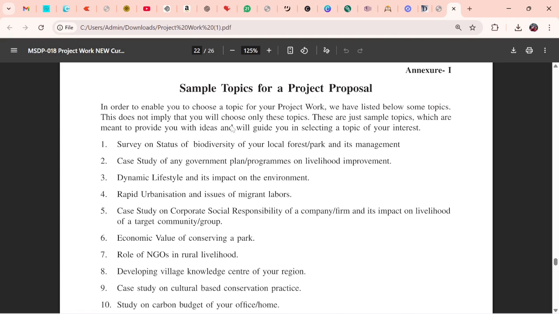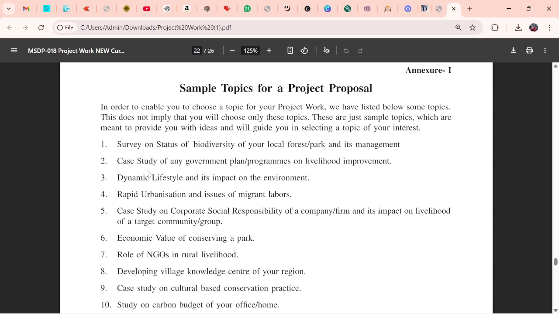The first topic in the sample topics is a survey on the status of biodiversity of your local forest park and its management. So if in your area there is a local forest or a park, you can make your study on that particular forest or park.